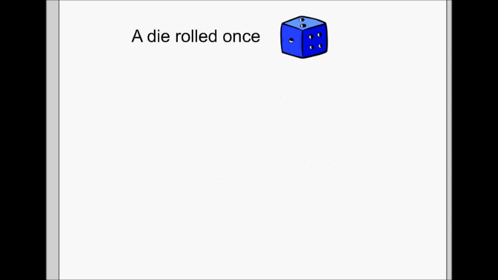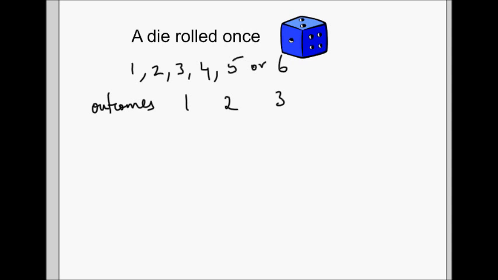Okay. So let's consider an example of rolling a die once. You know that the possible outcomes in this case are 1, 2, 3, 4, 5 or 6, right? If I want to make a table of the outcomes, I'm going to write the outcomes, which could be 1 or 2 or 3 or 4 or 5 or 6, and I'm going to write the probability of each outcome.